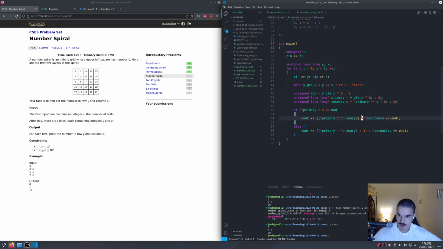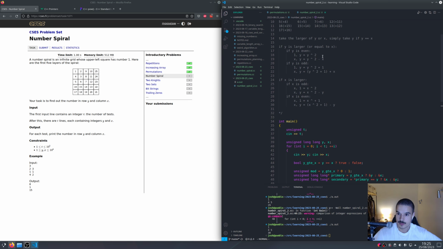Oh, I think it's actually... ooh, wait, I think my notes might be wrong. If x is odd, minus y minus x, then if x is even, xy is x squared plus 1.